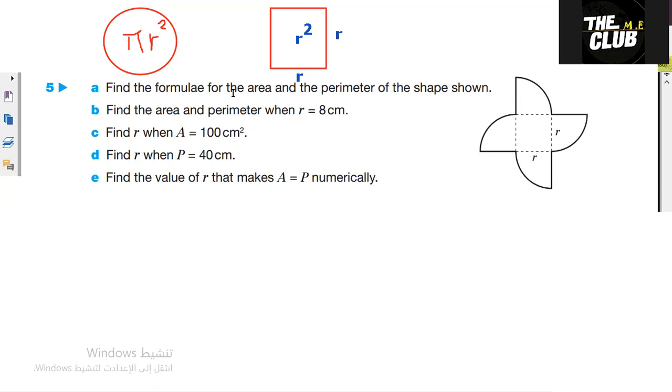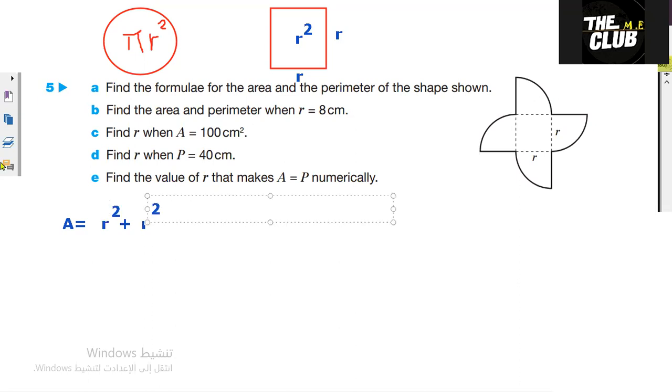So the area of the whole shape will be the area of the circle plus the area of the square. So we're going to write it like this: A equals pi r squared plus r squared, which is the area of the square.